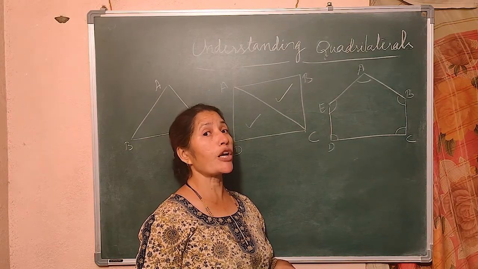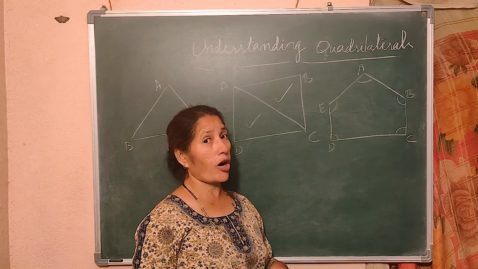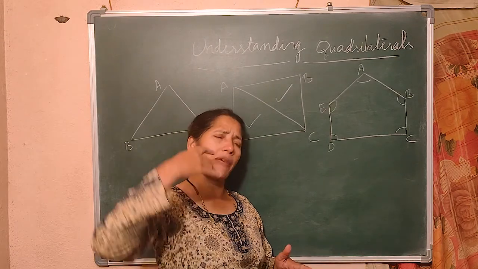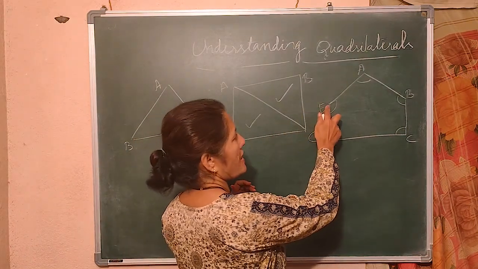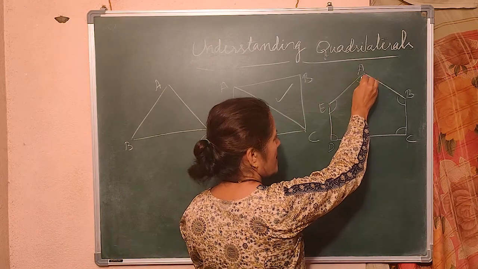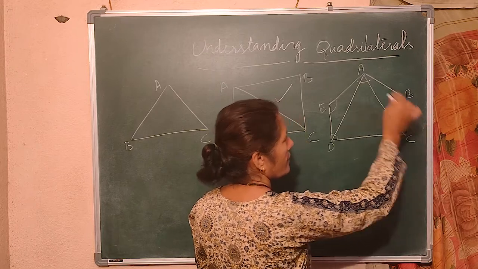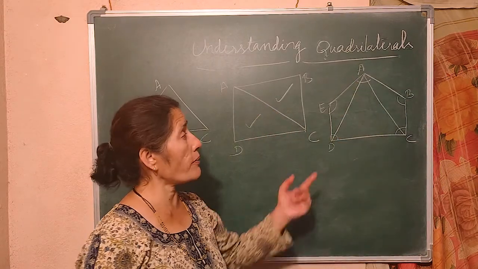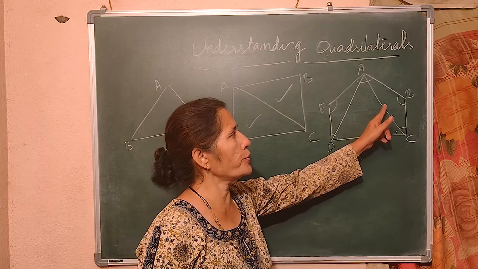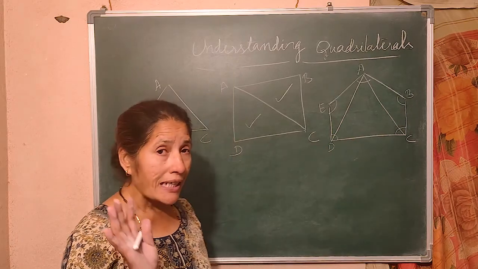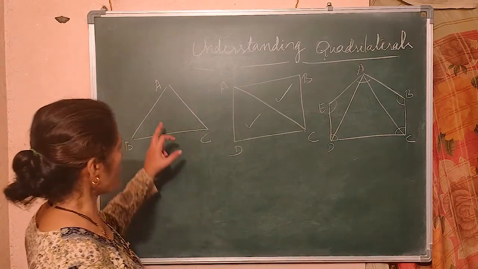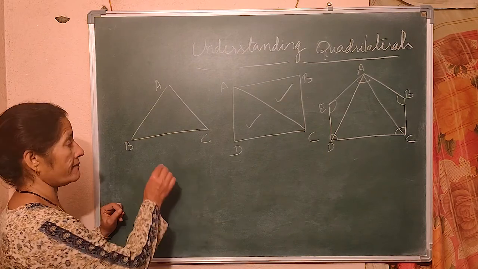Yes, they are called non-consecutive, not adjacent. Somewhere else. See, this is adjacent, this is adjacent. So this is AD, this is AC. So how many triangles are formed? 1, 2, 3.